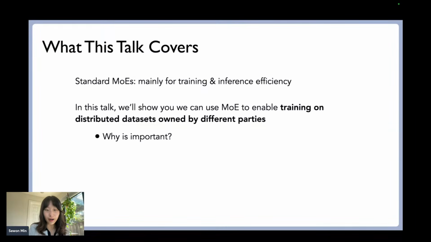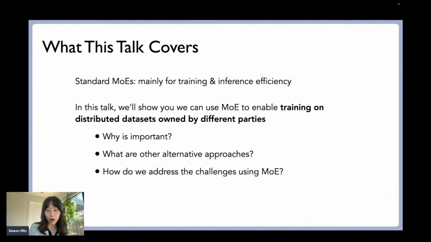So in the rest of the talk, I'll first clearly define the problem setup and convince you why this is an important problem to solve. I'll also talk about the alternative approaches, either not using mixture of experts or using mixture of experts, and what challenges there are in those approaches.